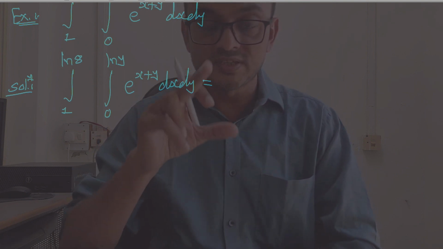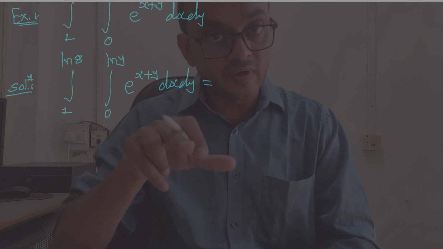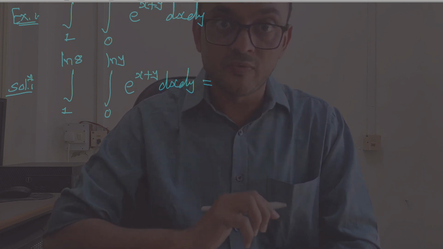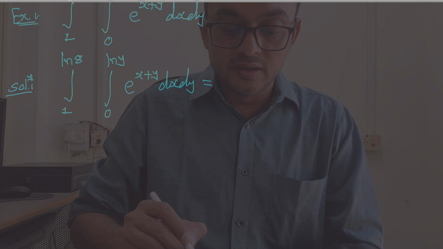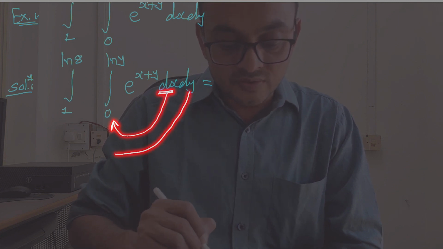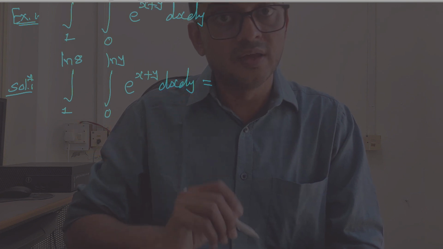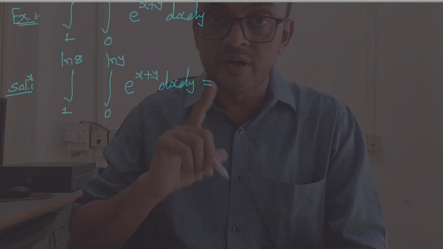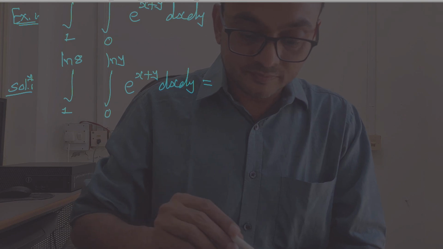As discussed, first I write the limit of x, then I write limit of y. Here inner is x, so the inner limit is of x, outer is y, so outer limit of y. As you observed, outer limit always constant.